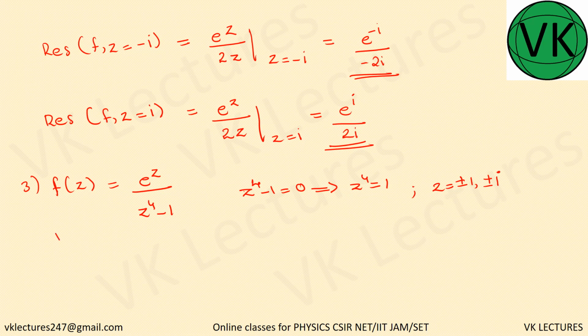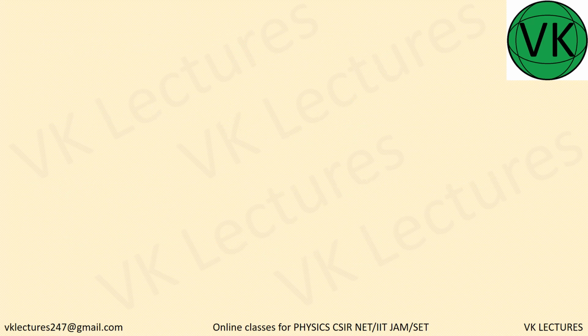So residue of f of z at z is equal to 1 is e raised to z divided by 4z cube at z is equal to 1, which is e by 4, and residue of f of z at z is equal to minus 1 is e raised to minus 1 by 4.